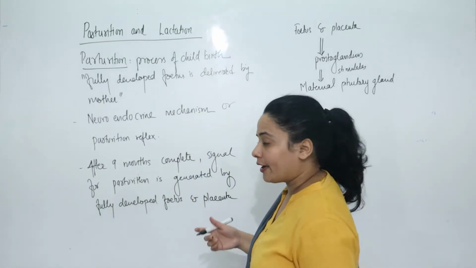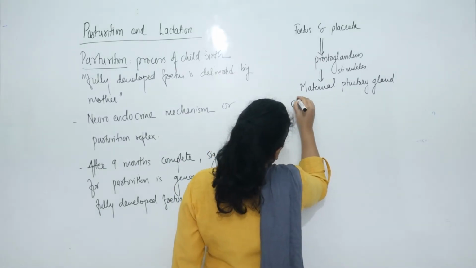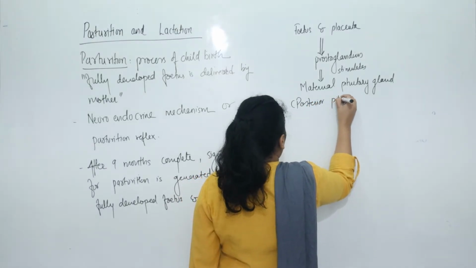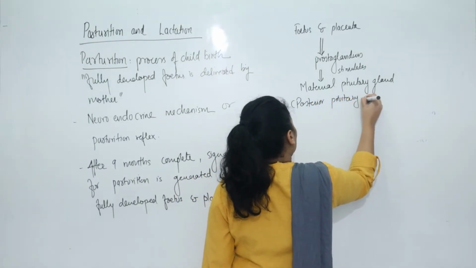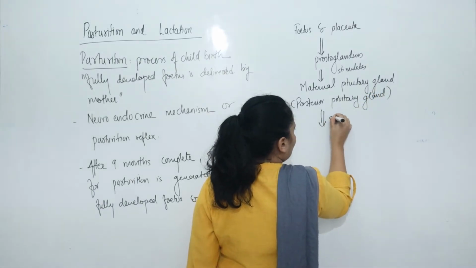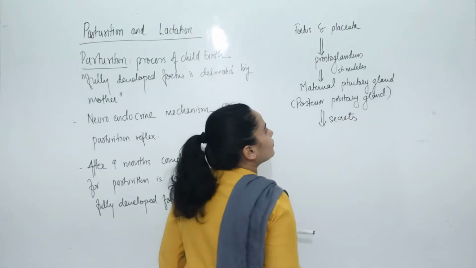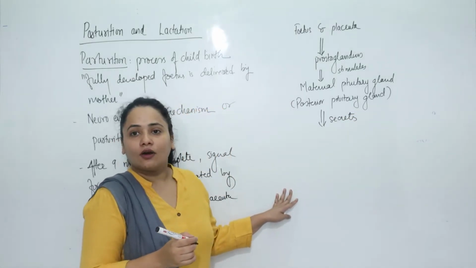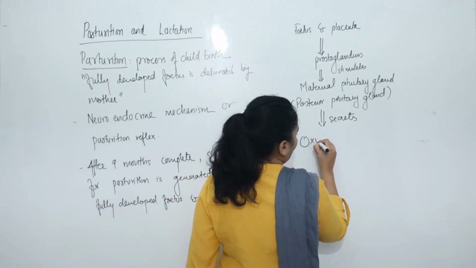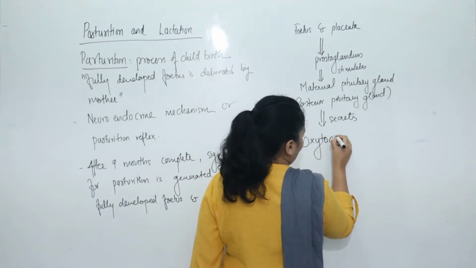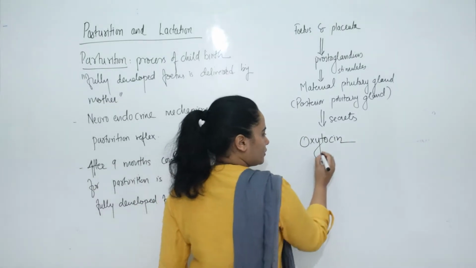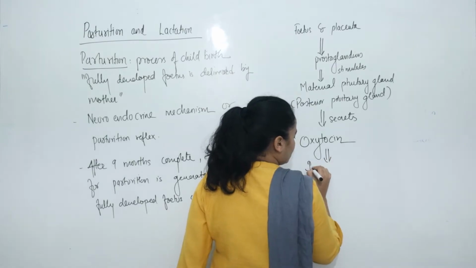We call it the neurohypophysis. The posterior pituitary gland secretes a hormone called oxytocin.